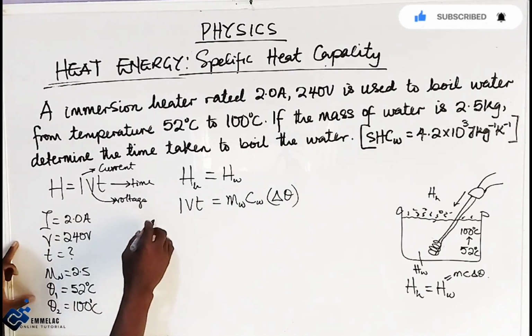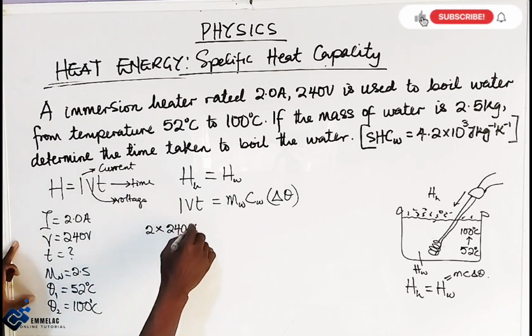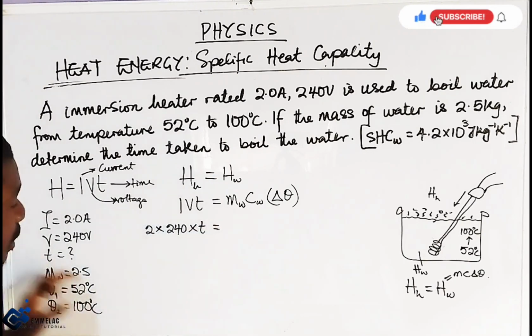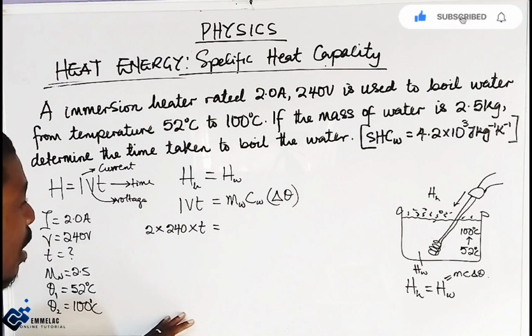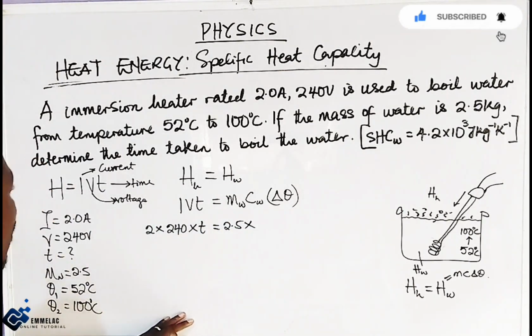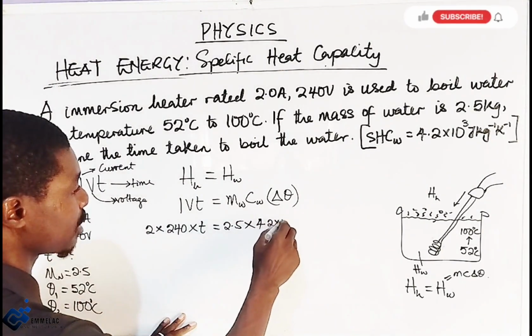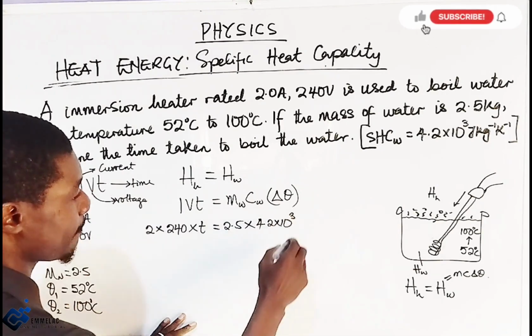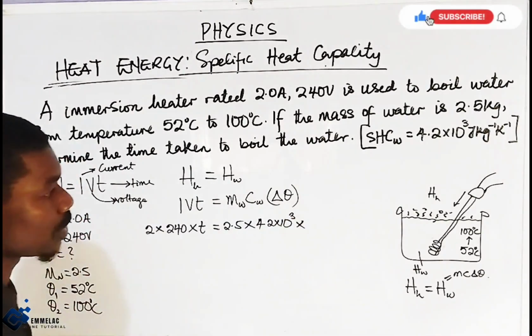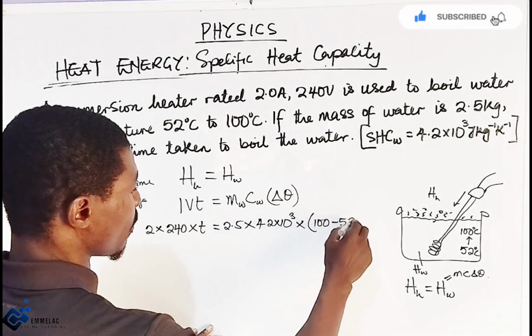All right, now let us plug it in here. Our current here is 2, so that is 2 times our voltage, 240, and our time is what we're looking for. Then the mass of water is 2.5 times the specific heat capacity of water, which we're given as 4.2 times 10 raised to the power 3, then times the temperature change, which gives us 100 minus 52.